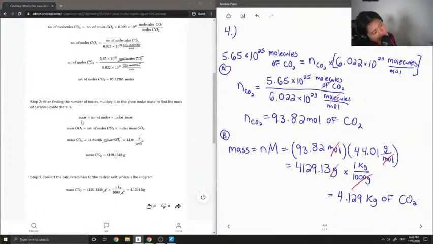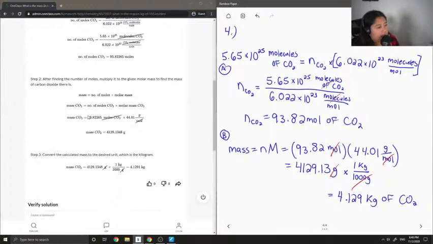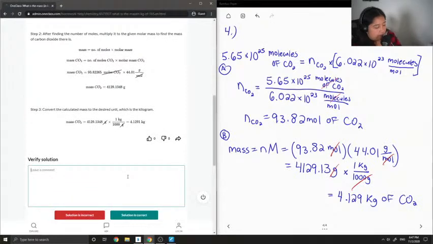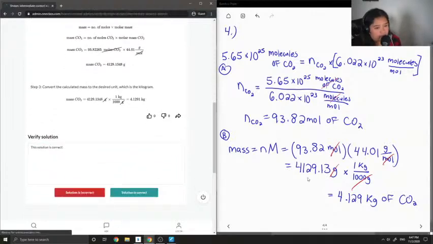After finding the number of moles, multiply it by the given molar mass to find the mass of carbon dioxide. So they got 4,129 grams. And step 3, convert the calculated mass to the desired unit, 4.129 kilograms. Okay, so this solution was correct.